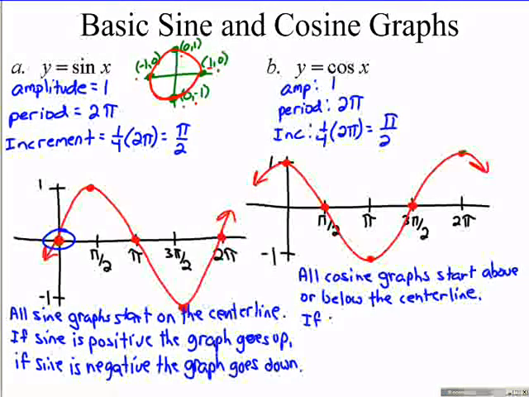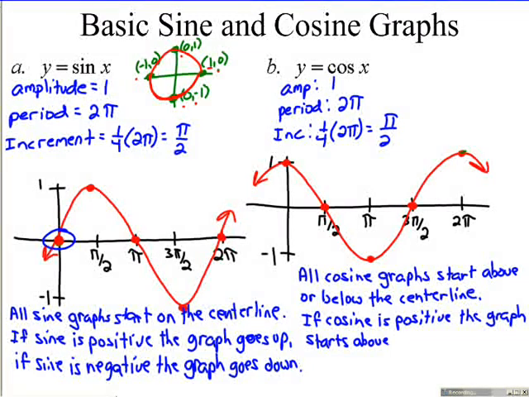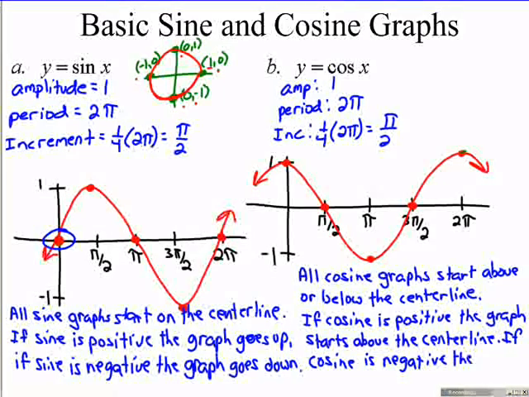If cosine is positive, as it was here, the graph starts above the center line. If cosine is negative, the graph starts below the center line.